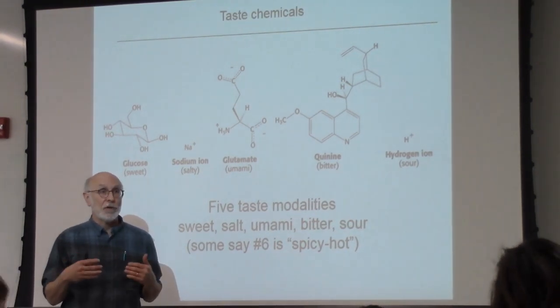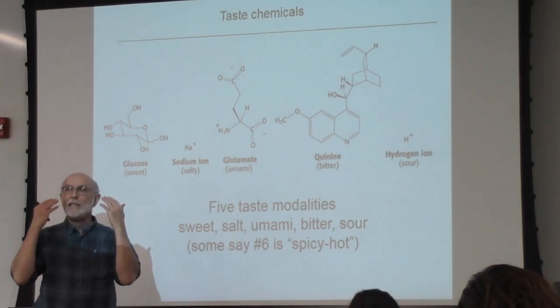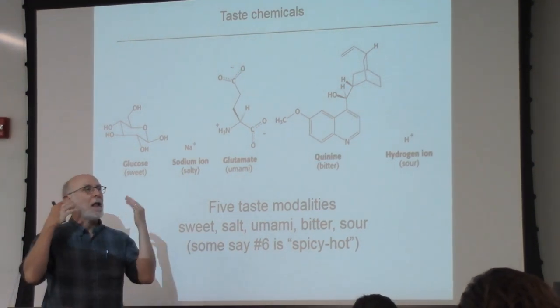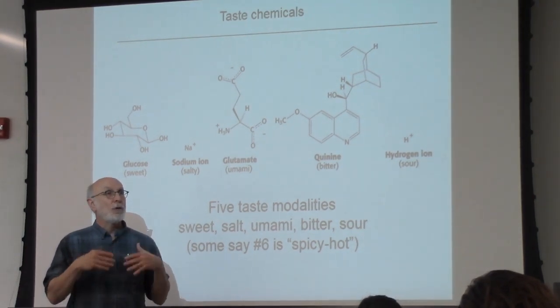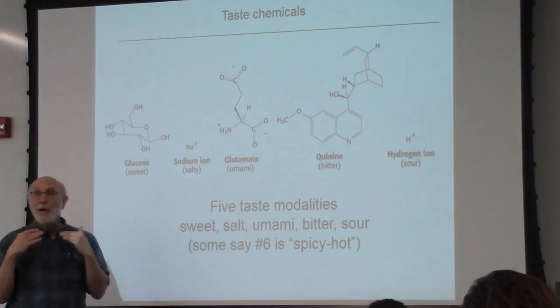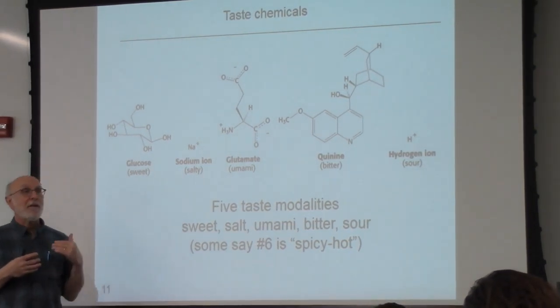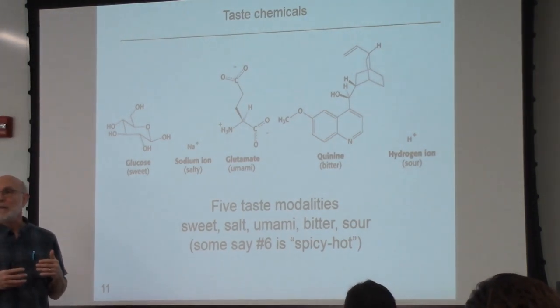Many of our flavors are associated with odor because our mouth is connected to our nose, and a lot of the volatile compounds released from food when we're chewing go to our nose and trigger flavor responses. But the taste buds themselves, in our tongues and in the back of our throat, have a limited number of chemicals that activate them.